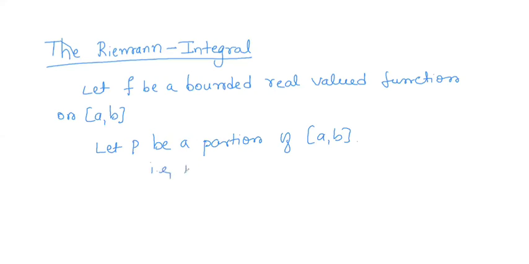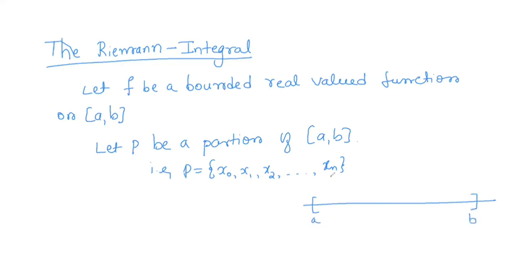By a partition of a closed interval a comma b, we mean any finite set of points from a to b in the natural increasing order. Any partition divides the closed interval a comma b into subintervals.